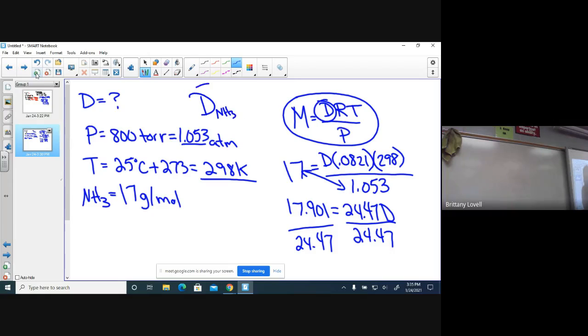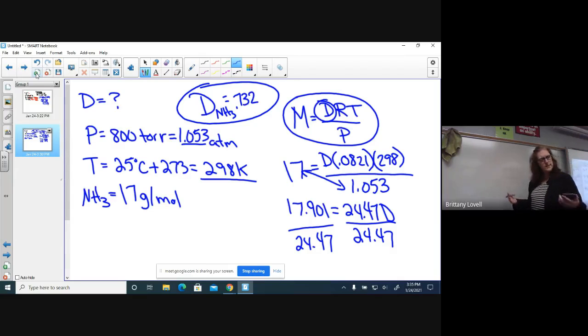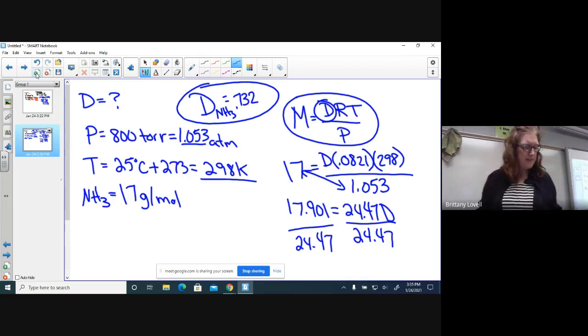And I end up with the density of ammonia is equal to 0.732 is what I'm going to go with. And what are my units? Do you remember? What are the density units? How do we find density? Don't break my heart and forget this formula, because that's the way you're going to figure out your units.